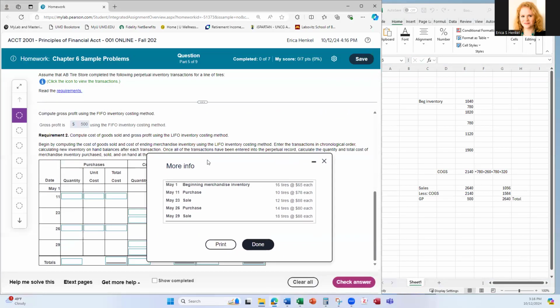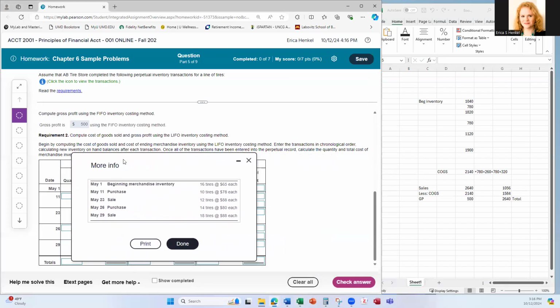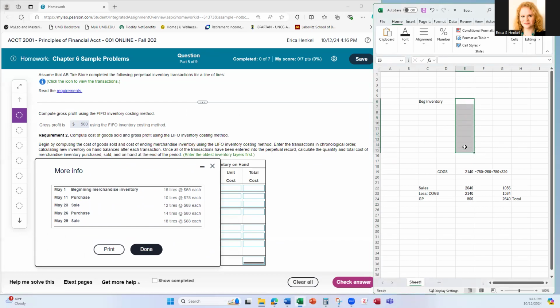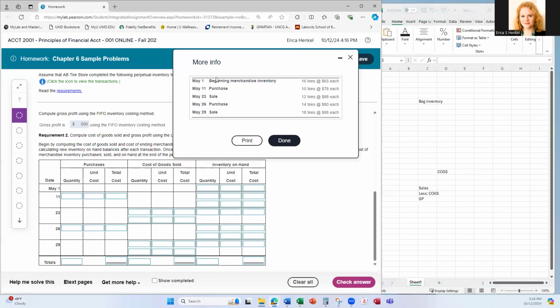Okay, so the next section is the LIFO method, all right? LIFO stands for last in, first out. What that means is that we sell the most recent items first when we are doing our inventory calculations. So we basically go the opposite direction.